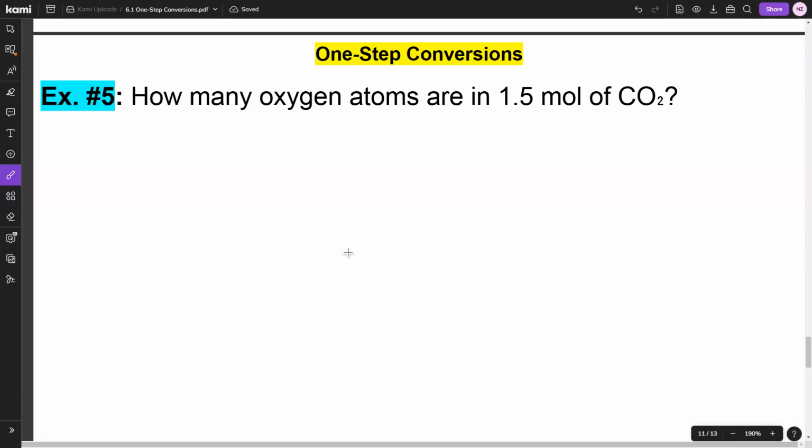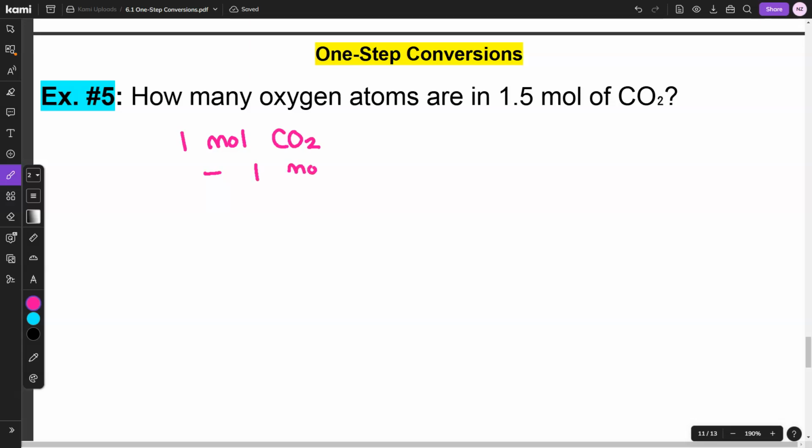Okay, well, let's look at CO2. So in 1 mole of CO2, we have 1 mole of carbon. There's 1 carbon here. And then I have 2 moles of oxygen because it's O2. Okay, so again, we're going to start with the given.